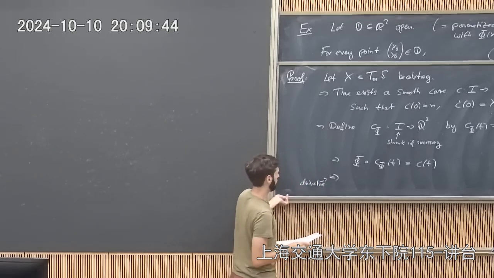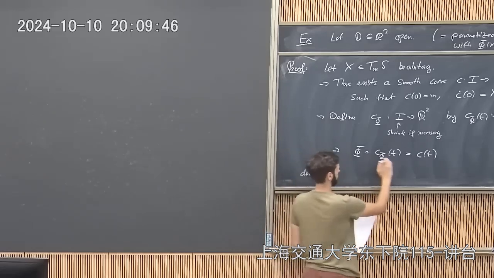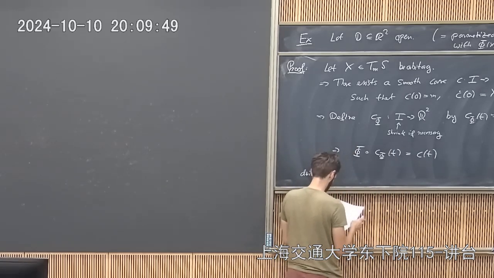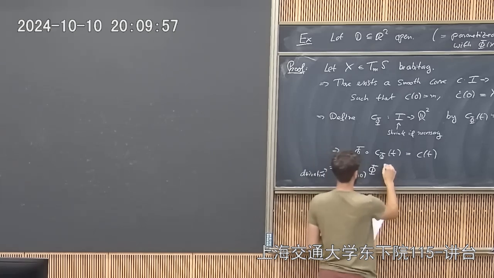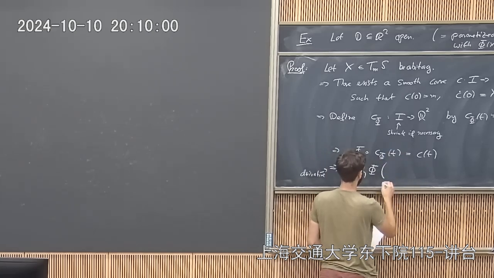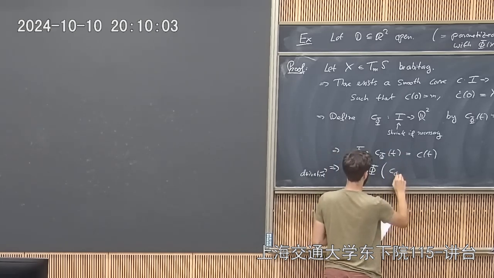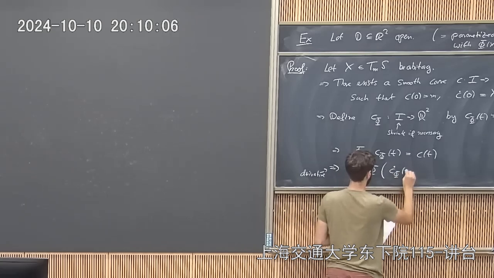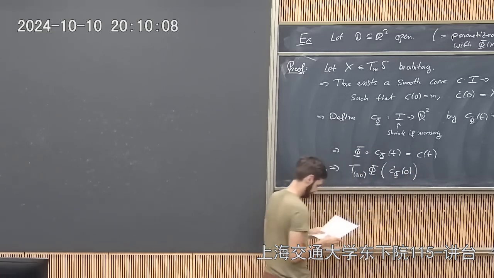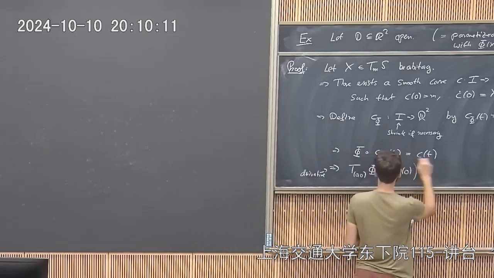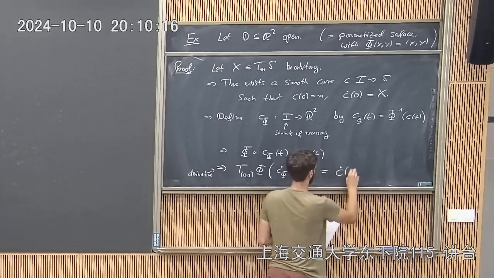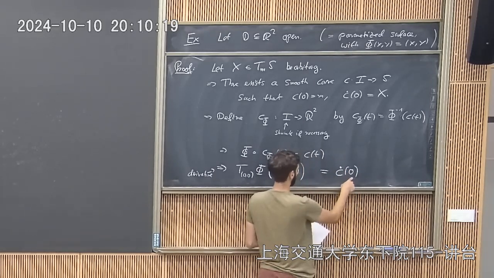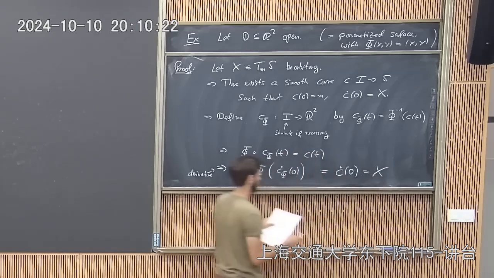We can use the chain rule to take the derivative of the left-hand side. So we take the derivative of phi first, and then we evaluate that at the tangent vector at 0. On the right-hand side, the derivative is the tangent vector at 0, and that one was by assumption our vector x.